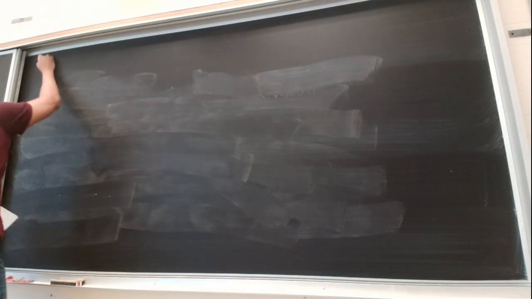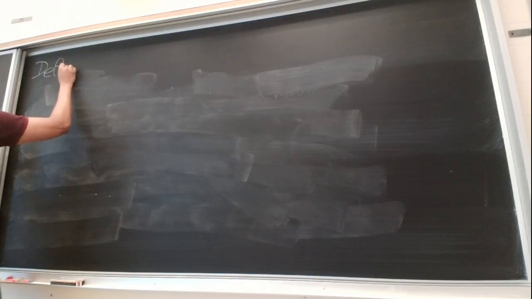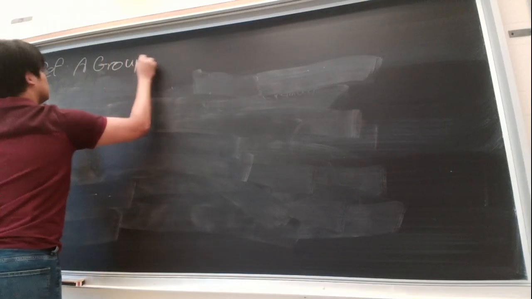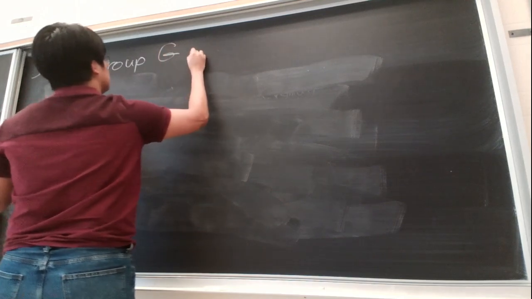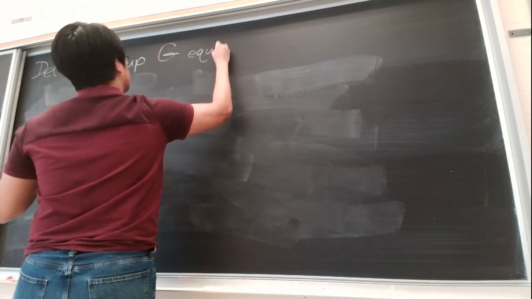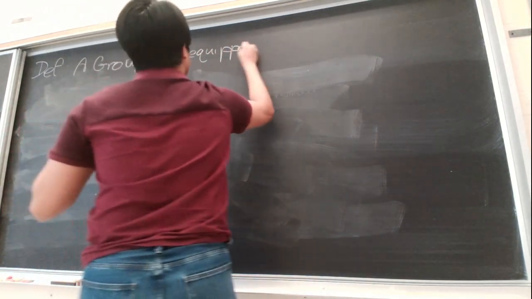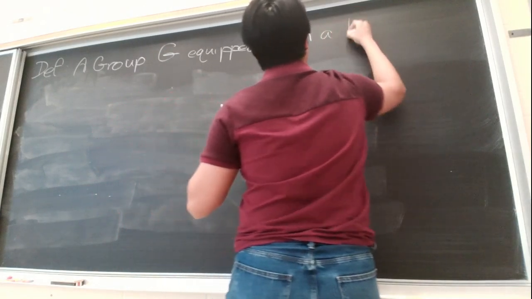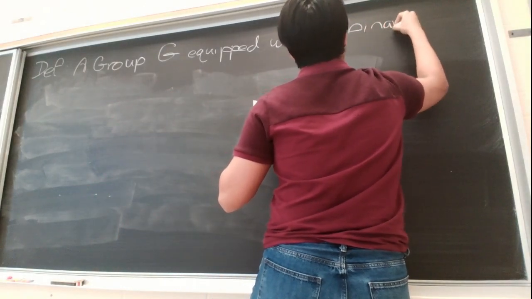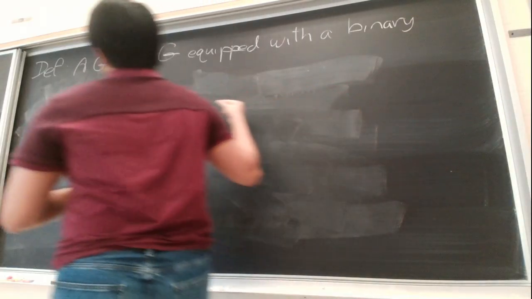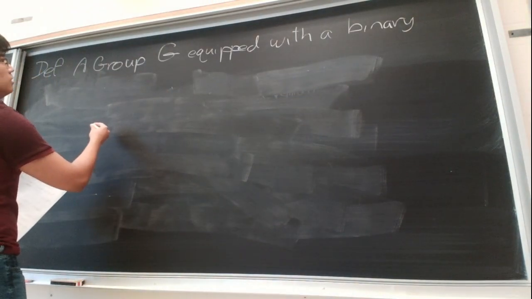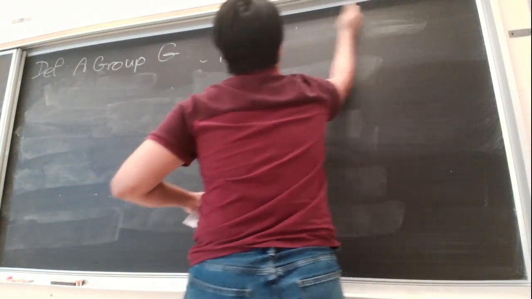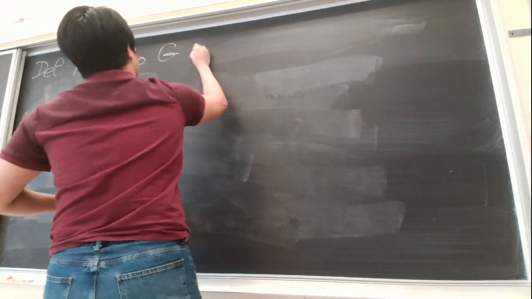Definition: a group, just call it G, is a set. Let's start with some set first.